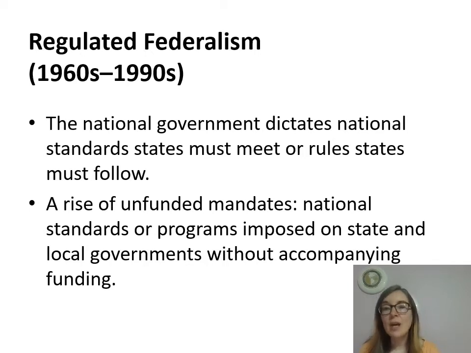So nobody opposes the idea that someone in a wheelchair should be able to gain access to school or should be able to gain access to a post office. But the problem from the state perspective is they were asked to be making all of these changes and not given any funding to help with that. And so this is an example of an unfunded mandate.